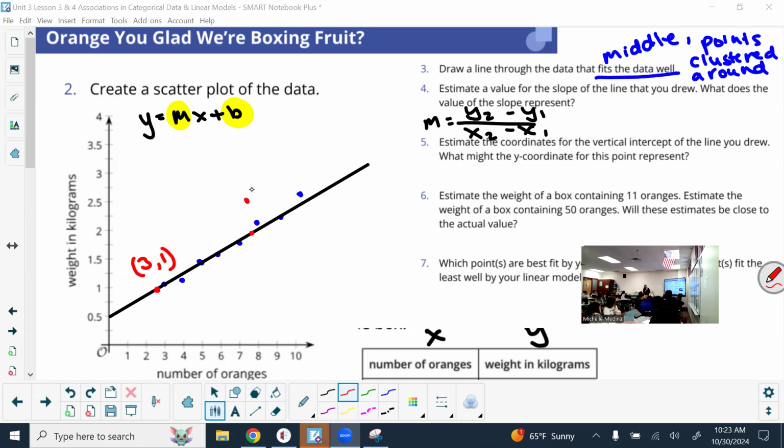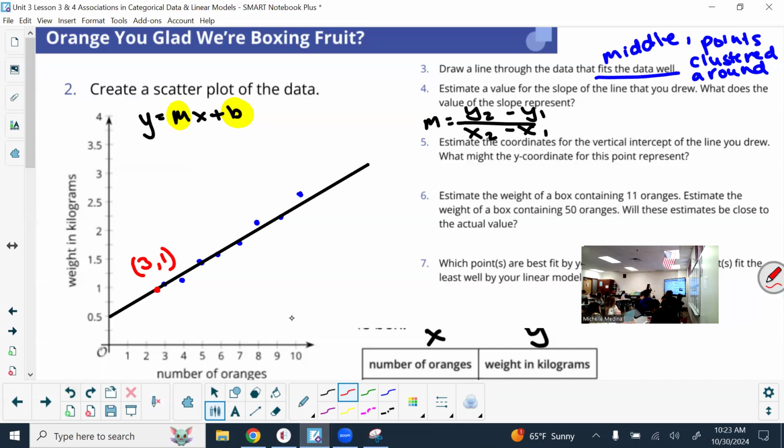It's possible your line might go way up there, but then I would think that that's too far above our data. Does that make sense? So on mine, if I'm doing 8 for the x, it looks like it's just under the 2, in between the 1.75 and the 2.